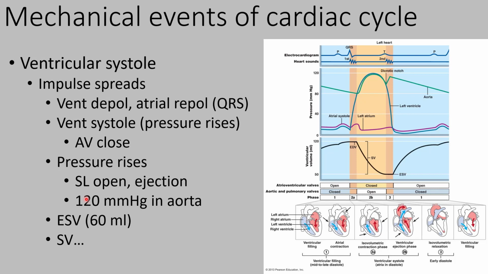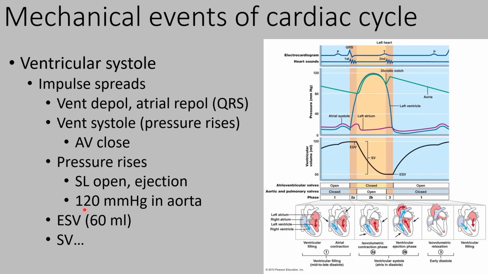Now, blood is getting pushed out of the ventricles. As that blood is ejected, I will say they are not completely empty. When the ventricles eject blood, they do not eject all of the blood. They eject a portion of it.